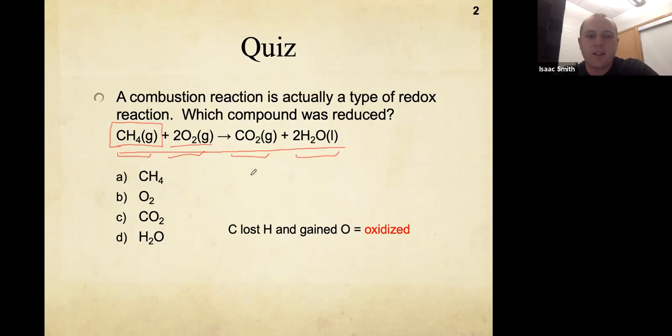You could go into the definition though and say if you're gaining hydrogens, then it's being reduced as well. The oxygen is by itself on the left side, and on the right side contains hydrogens. So because it's gaining hydrogens, it was reduced. So O2 would be the reactant that was reduced. Okay, hopefully that's making sense for everybody.